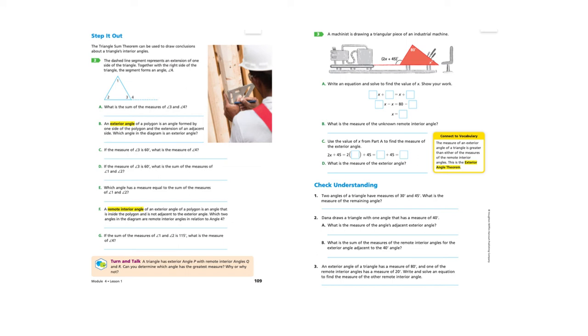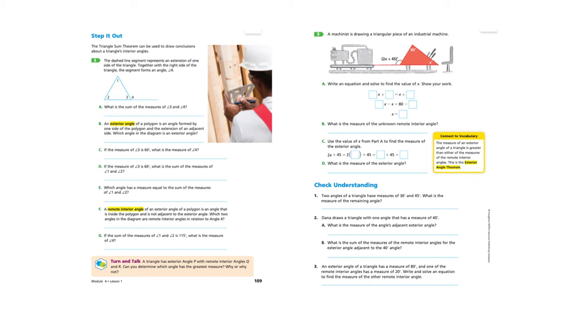For angles, it means having a common vertex or a common side. So if this is our exterior angle, angle 3 is adjacent. It's right next to angle 4. So the remote interior angles are not going to be right next to angle 4. So that's what they're asking there.